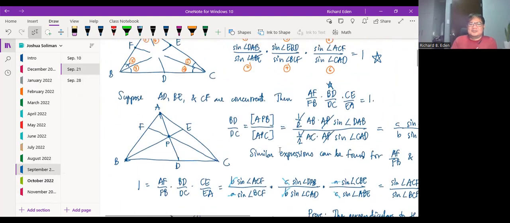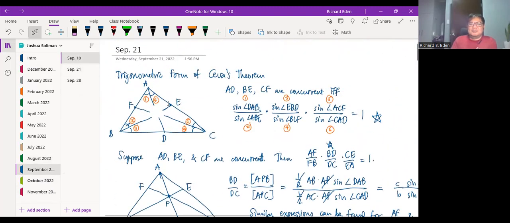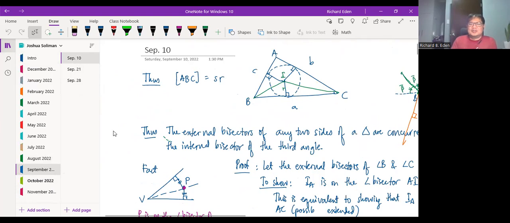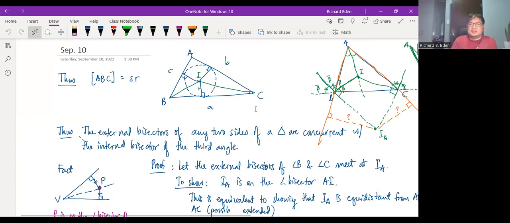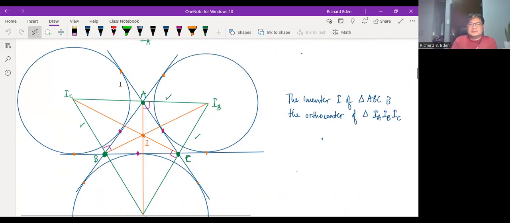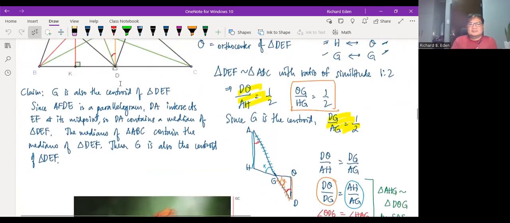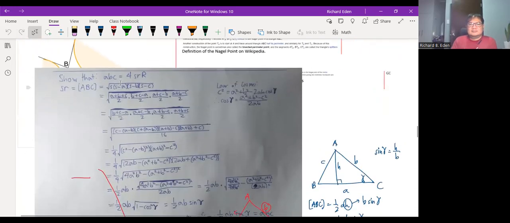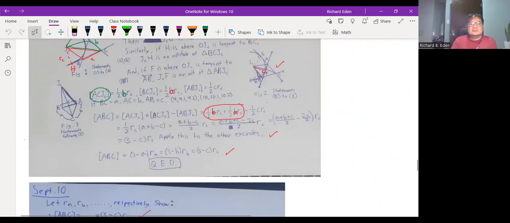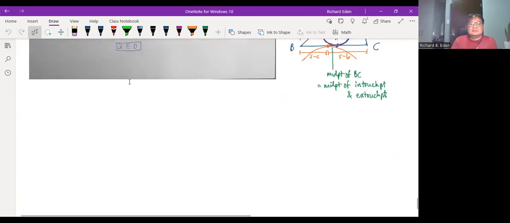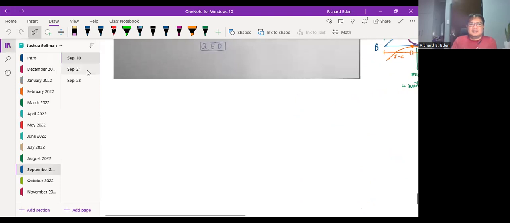Nahanap ko naman meron ng larger circle, so it's gonna be through the orthocenter. Ang center will be the orthocenter. Okay, dapat hinanap ko na kanina, but it didn't occur to me earlier.